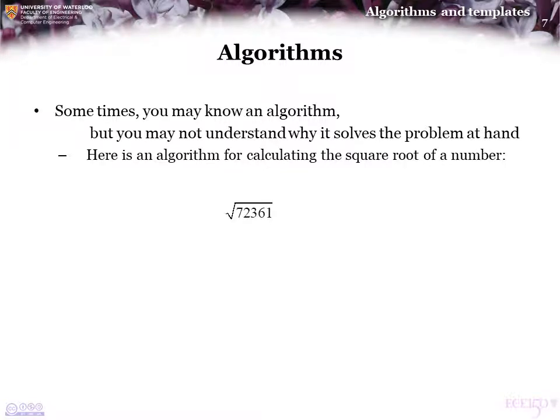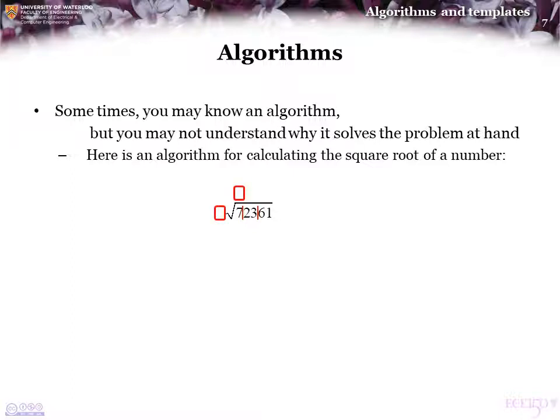So suppose we wanted to calculate the square root of this number here. We proceed as follows. Starting at the decimal point, we group the digits in pairs. Starting with the first pair, think of it as 0, 7.